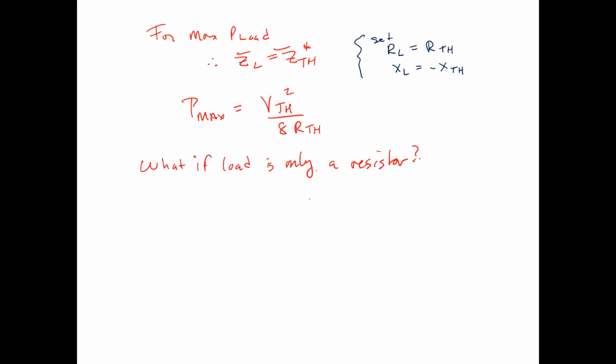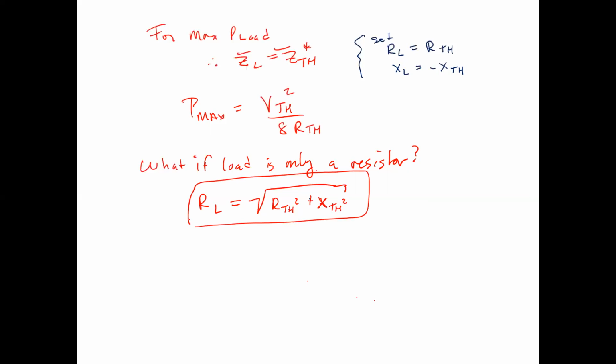In that case, you cannot actually mess with the reactance anymore, but the compromise is to set the load to the magnitude of the impedance. We didn't prove that, but that's the formula for that.